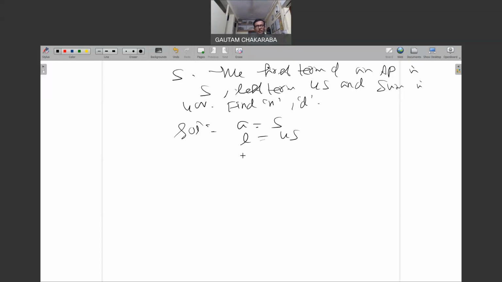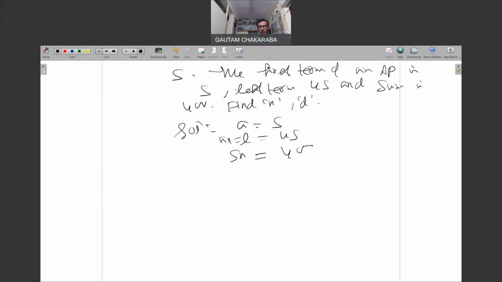So that means you apply the last term, the nth term, formula: a plus n minus 1 into d. Put the value of a. The sum is also given.